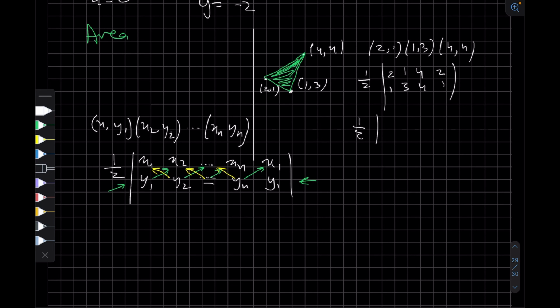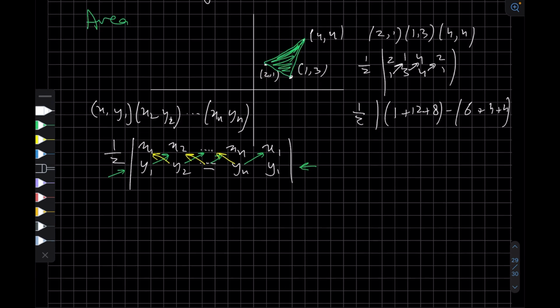I'm going to multiply this diagonal first. So 1 times 1 is 1, 3 times 4 is 12, 4 times 2 is 8, and then we have minus 2 times 3 is 6, 4 times 1 is 4, 1 times 4 is again 4. Close the modulus.